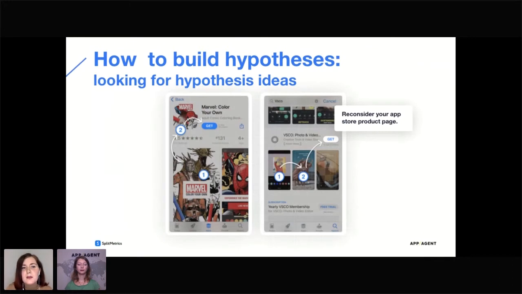Then to build a hypothesis, you might also want to reconsider your own App Store product page. You can add salient elements that I mentioned before to your icons and screenshots, or you can add a person or a character pointing towards a call to action or an important caption. So once you've found the rationale behind the changes, it's time to formulate the hypothesis.